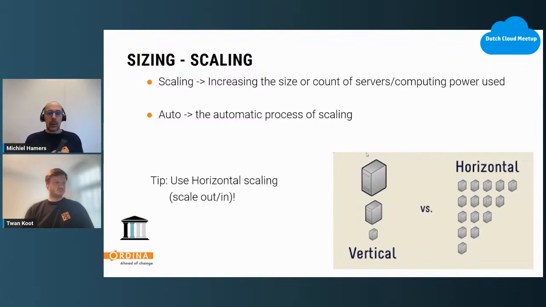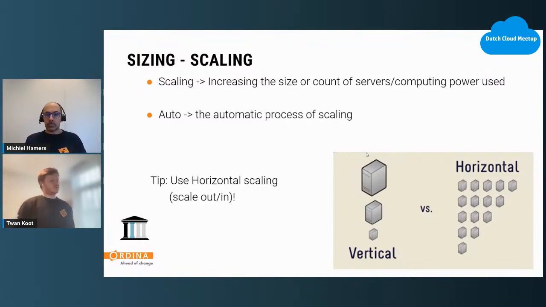It's always our tip to use horizontal scaling, so scale out, scale in, instead of scale up and scale down, because then you can also scale more easily. The only disadvantage of that approach is that your application needs to be ready to be used for horizontal scaling. But yep, it really improves the power, and therefore also pricing wise, it's most of the time better.